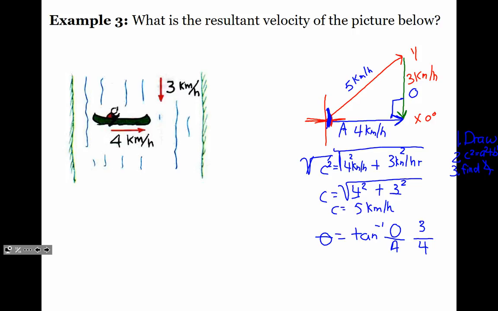Make sure that your calculator is in degree, and then you're going to put in 3 divided by 4, and you should have gotten 37.